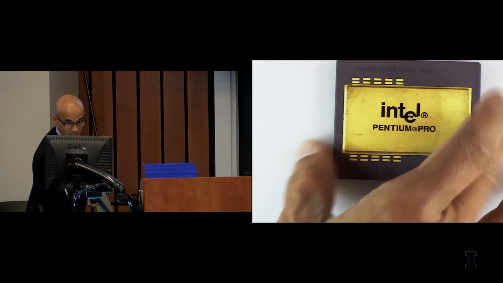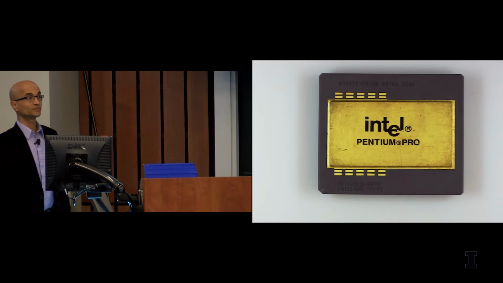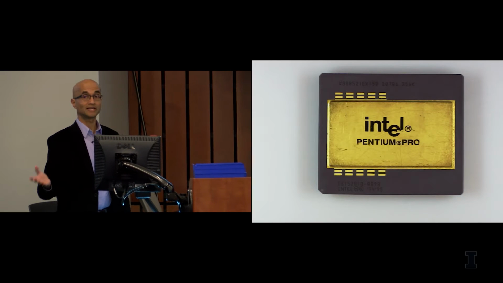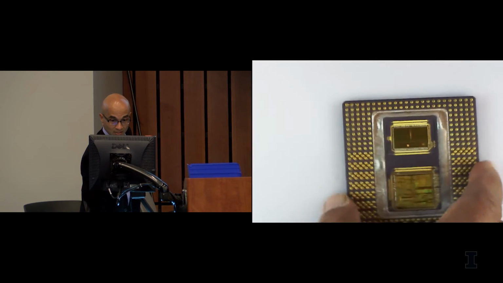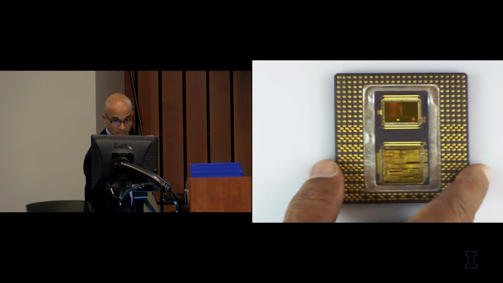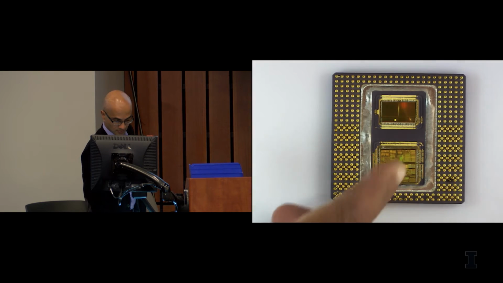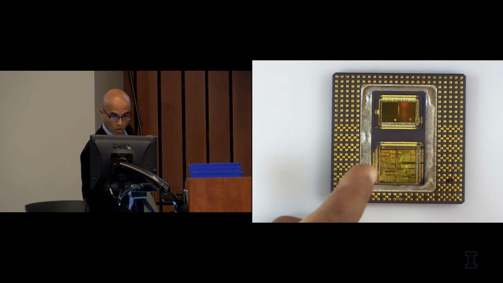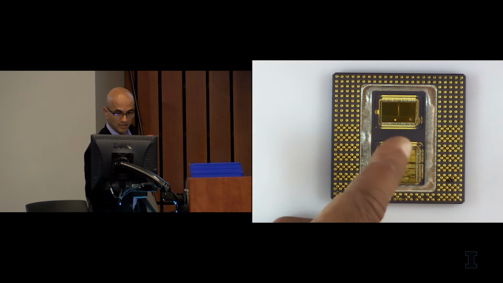This is an old Intel microprocessor that was used in the desktops many, many years ago. And if you flip it over, you're going to see two of the chips. So what you see here is the computational unit, the compute part; additions, multiplications, they occur here.